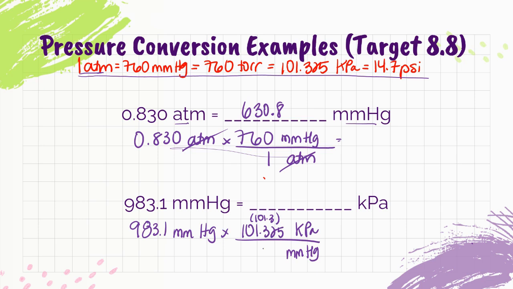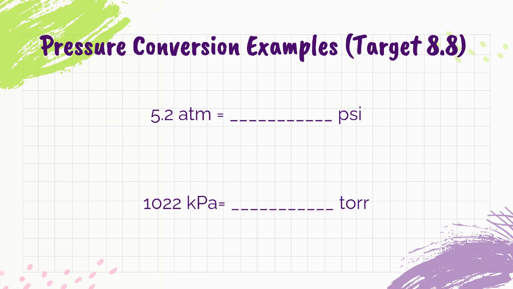You decide how you want to do it. And then millimeters of mercury, well, that was 760. So millimeters of mercury cancel. You're going to have to multiply 983.1 by 101.325 and then divide by 760. So you should end up with 131.1-ish kPa.